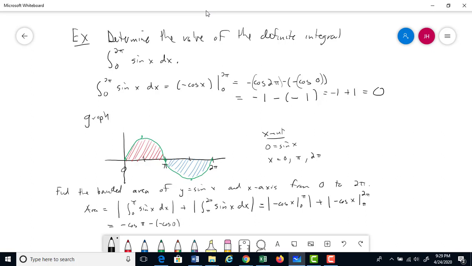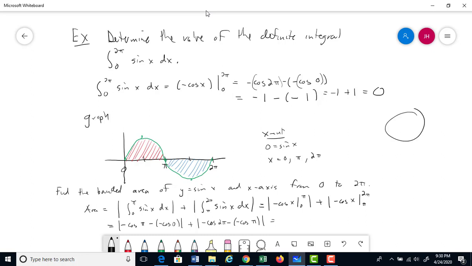That's the first one, all in absolute values. Plus, the other one is going to be minus the cosine of 2 pi minus minus the cosine of pi, absolute value.